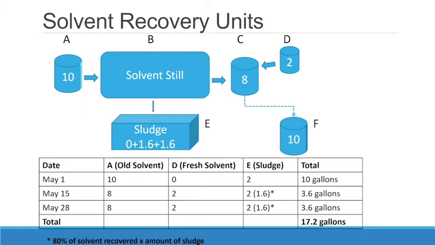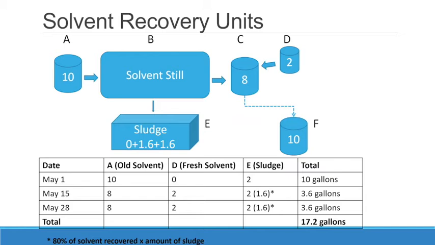It wasn't immediately recovered. Then we would add our 2 gallons on a cycle where we would recover the solvent twice through the month. And because we're looking at an 80% recovery of the solvent through the still, we would then have that amount that we add to it. So our total is going to be 17.2 gallons.